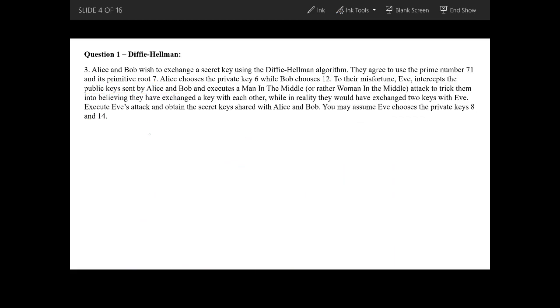So in order to do the same for Bob, we do K, let's say Bob and Eve, equal to the public key of Bob, since Eve is the one who is generating the key, power XEB, so it's YB power XEB modulus Q, which is equal to 4 power 14 modulus 71, which is equal to 5.